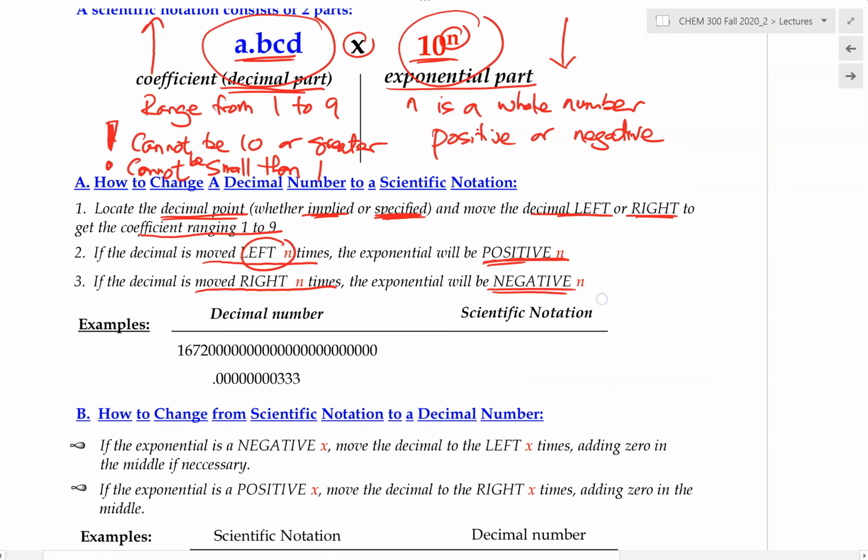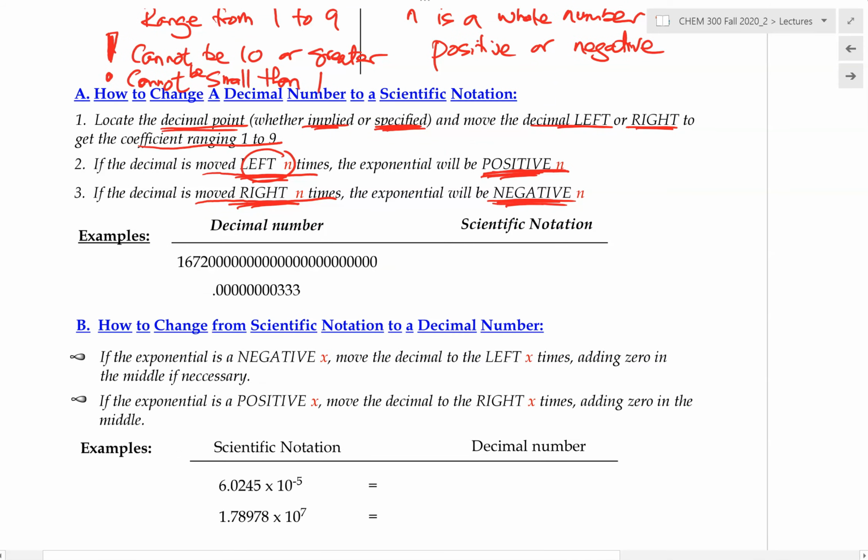So this is why it makes sense that when we move the decimal to the left, making the value smaller, we have to give it a positive exponent to compensate. And similarly, if we were to move the decimal to the right, we'd be making the value larger. So therefore, we have to give it a negative exponent, so that we can again compensate for it.